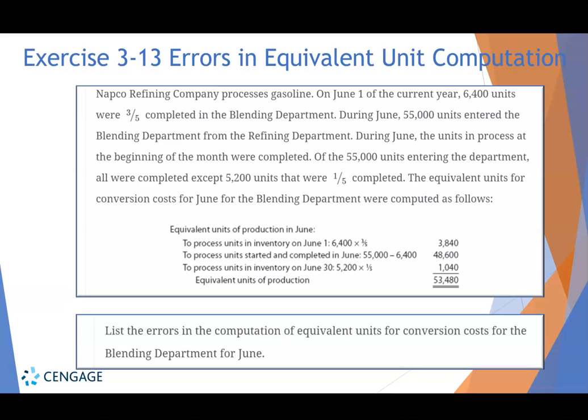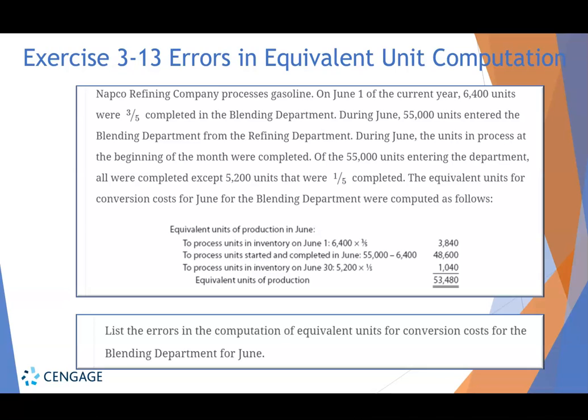The equivalent units for conversion costs for June for the blending department were computed as follows. So we show the process units in inventory on June 1st, we had 6,400 units, 3/5 completed. Units started and completed in June, we had 55,000 units minus the 6,400 we started with would be 48,600.